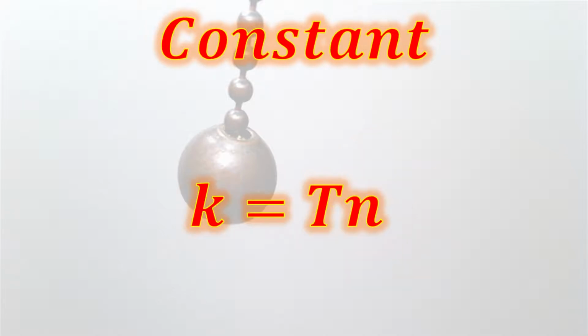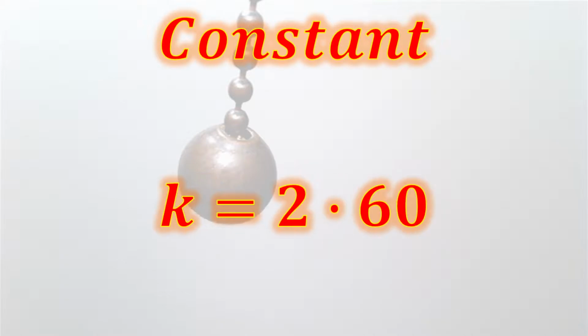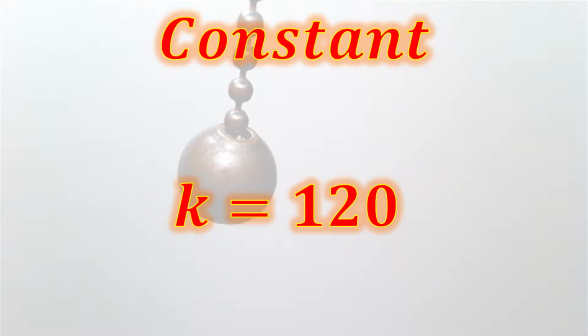Rearranging some terms, we find that k equals time times n. Very interesting. And if we replace t with 2 seconds and n now with the vibrations per minute, which we saw in the table, I come out with a constant of 120.